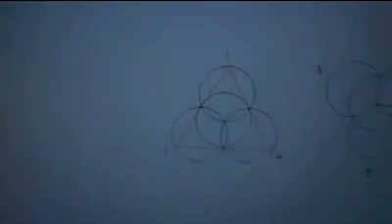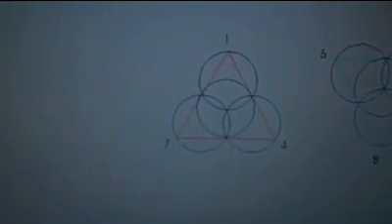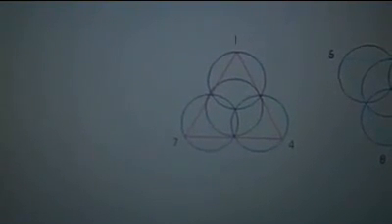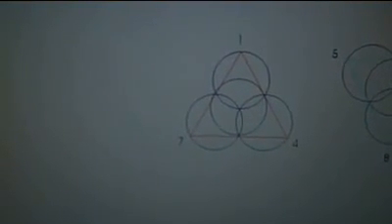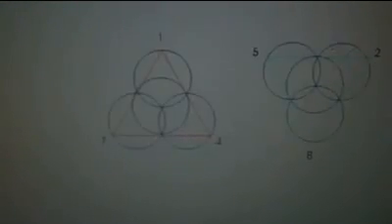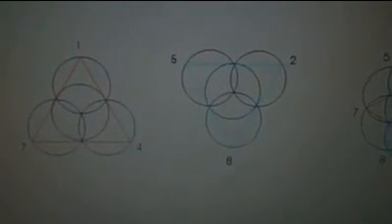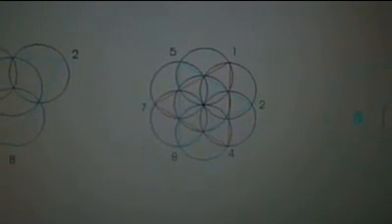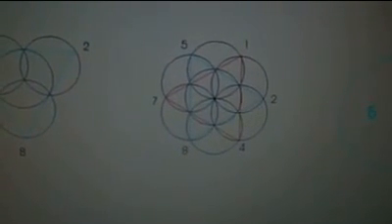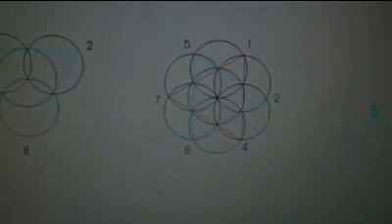Well, first I thought it must be built in triangles, and so I created the first triangle together with the second, and found this structure similar to the flower of life.